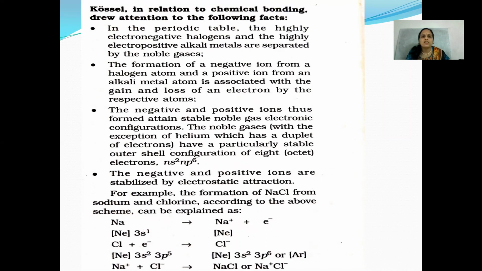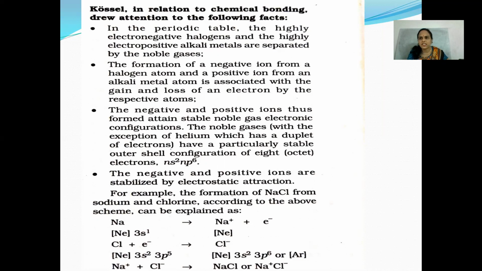The third point: the negative and positive ions thus formed attain stable noble gas configuration, and the noble gases, except for helium, which completes its duplet, all have a particularly stable outer shell configuration of 8 electrons, that is, the octet is completed with the configuration ns2np6. The next point: the negative and positive ions are stabilized by electrostatic forces of attraction.